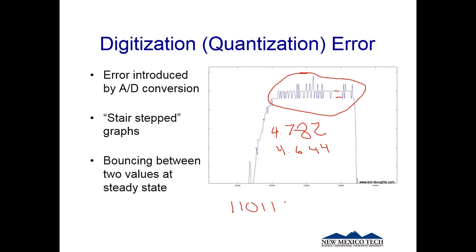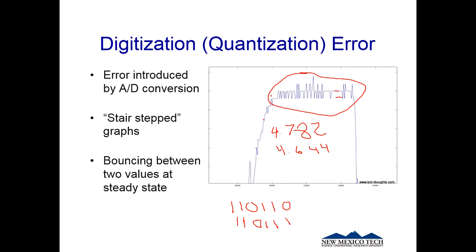Well, really what's happening is that all that's really happening right there is we're basically switching, this bit is just flopping back and forth here. And that's what's causing it to bounce between these 2 exact values like that.